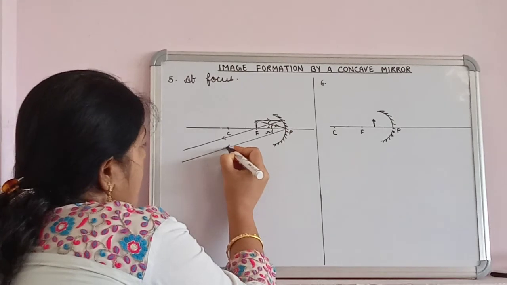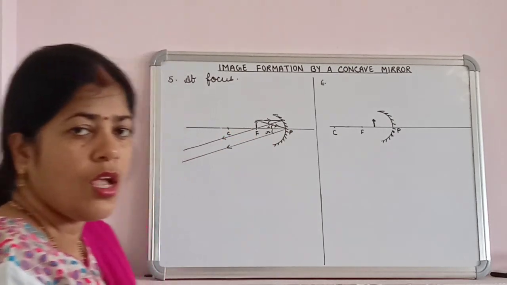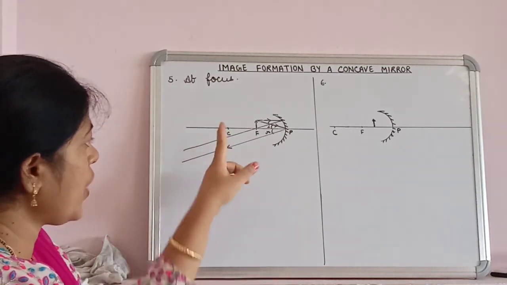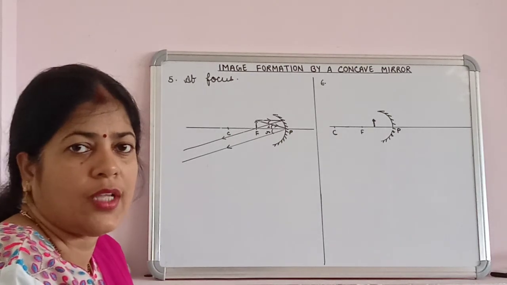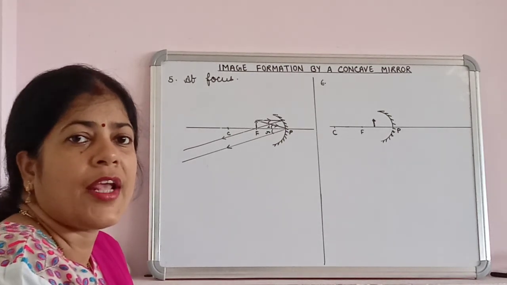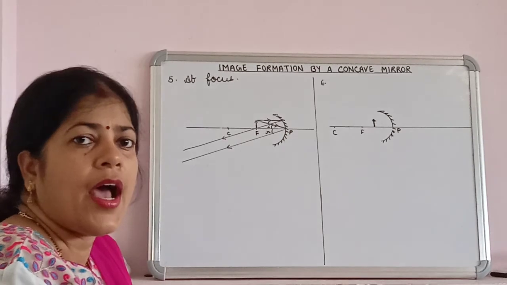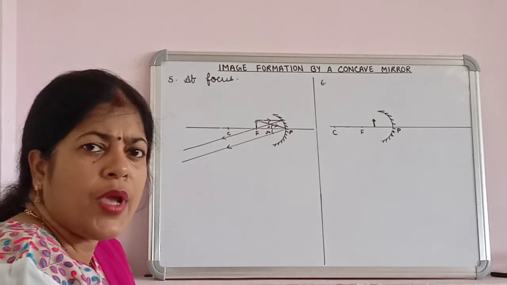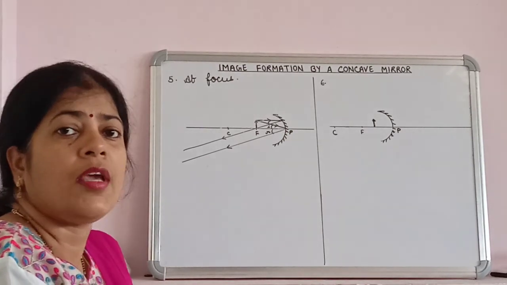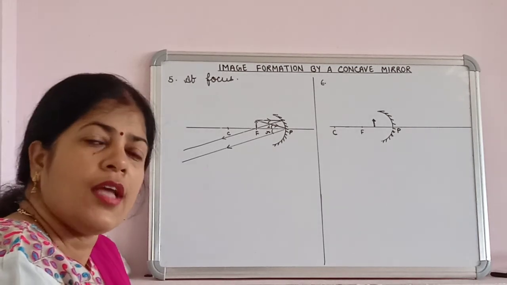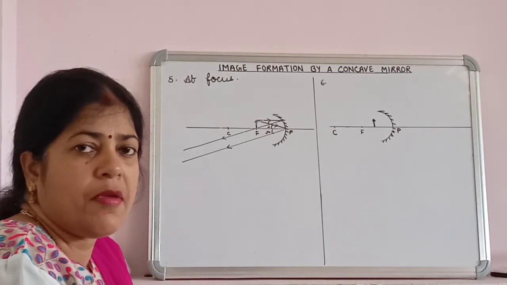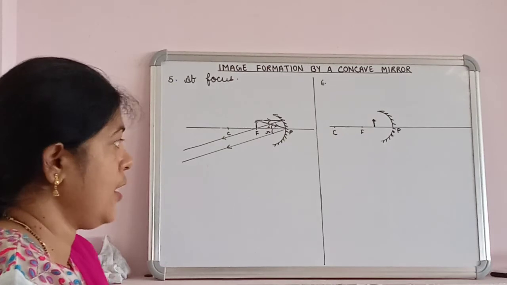So, this is the second reflected ray. Now, you can see here these two rays are parallel to each other, and the parallel rays will go up to infinity, and then anywhere at infinity they may intersect, and at infinity we may have the image of the object in this case.